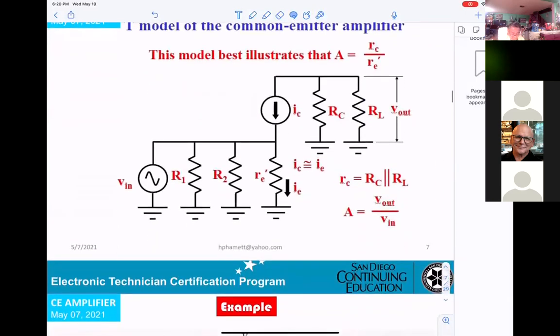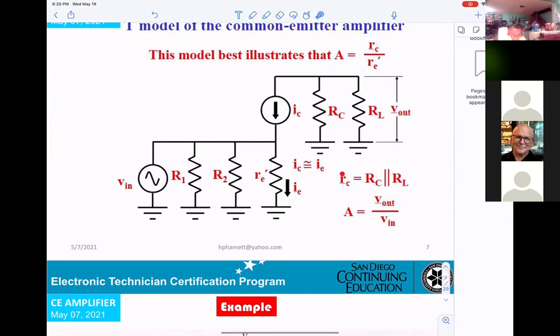And now, if you want more detail, that's what you need to know at the collector, and you can get RC in parallel with RL. That means you want the output impedance looking from the output into the circuitry. They're telling me RC and RL in parallel.